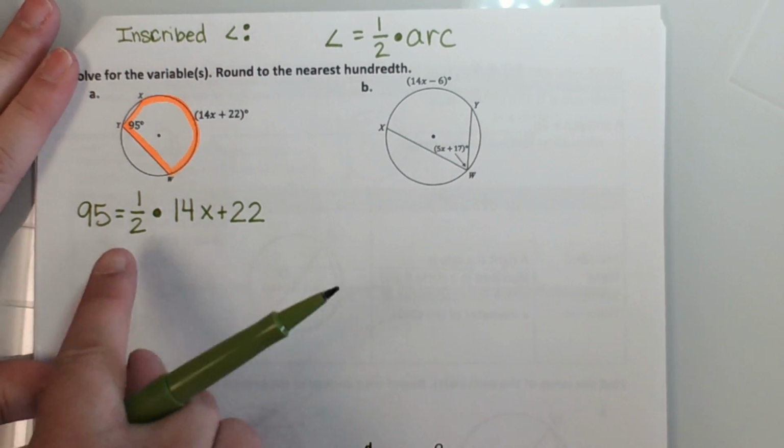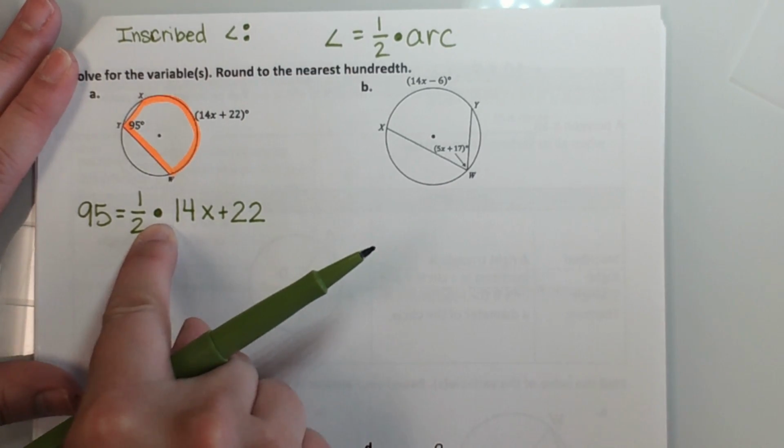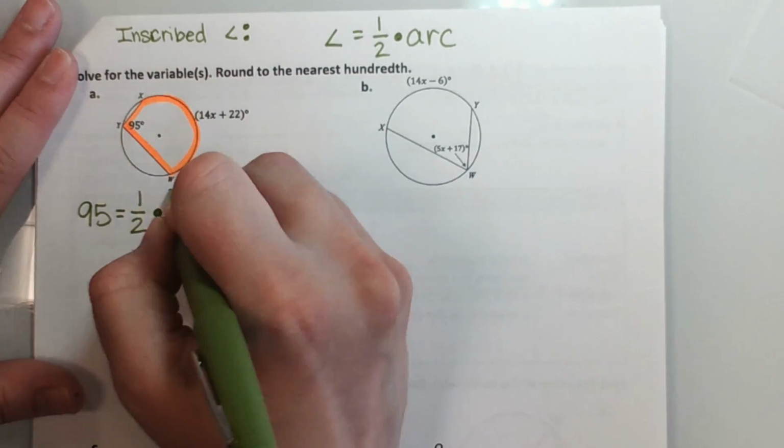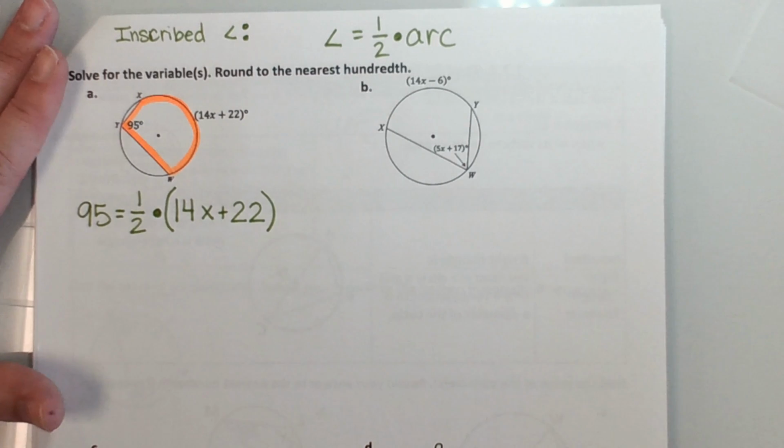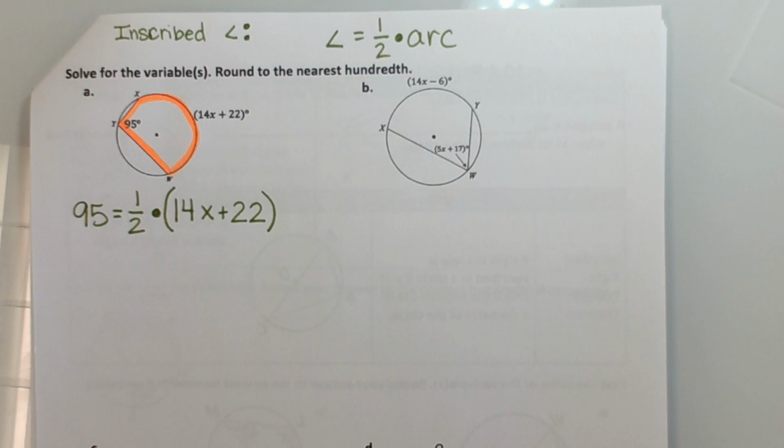For example, if you're multiplying something by where you put it, it does need parentheses. So I have the equation 95 equals 1/2, and in parentheses 14x plus 22.